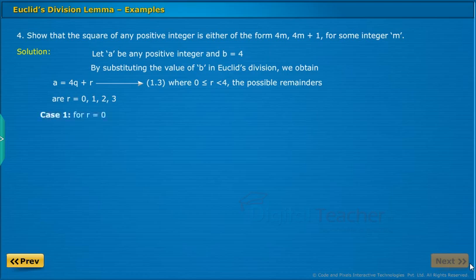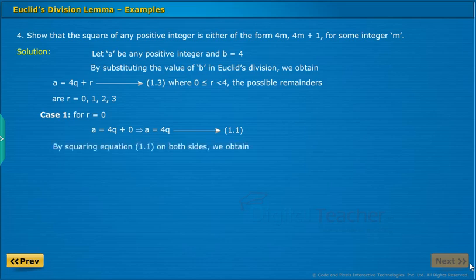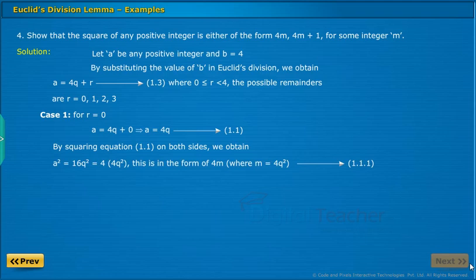Case 1, for r equal to 0. a is equal to 4q plus 0, that is a equal to 4q. By squaring equation 1.1 on both sides, we obtain a square is equal to 16q square, which is equal to 4 into 4q square. This is in the form of 4m, where m is equal to 4q square. Case 2, for r equal to 1. a is equal to 4q plus 1.